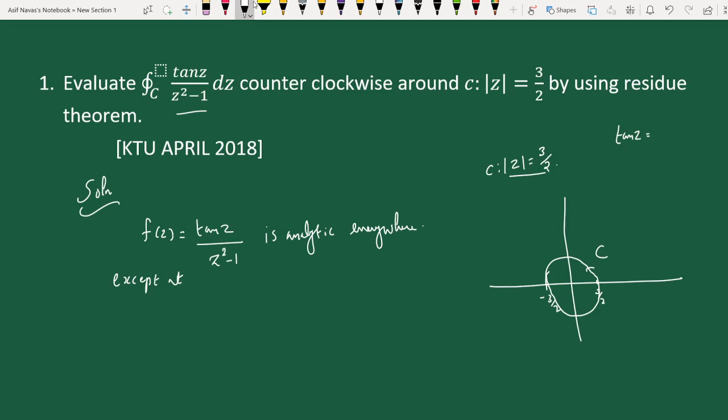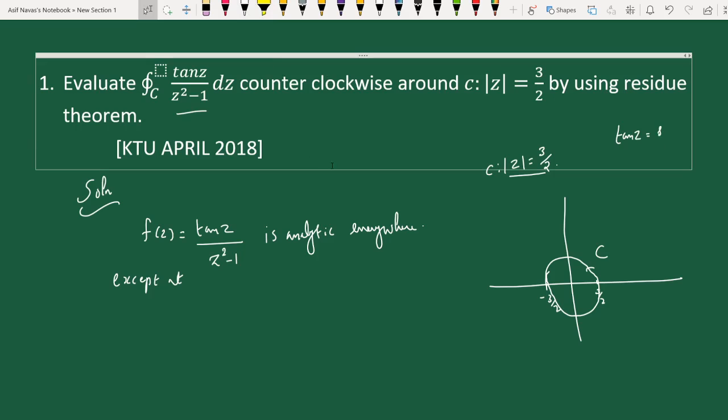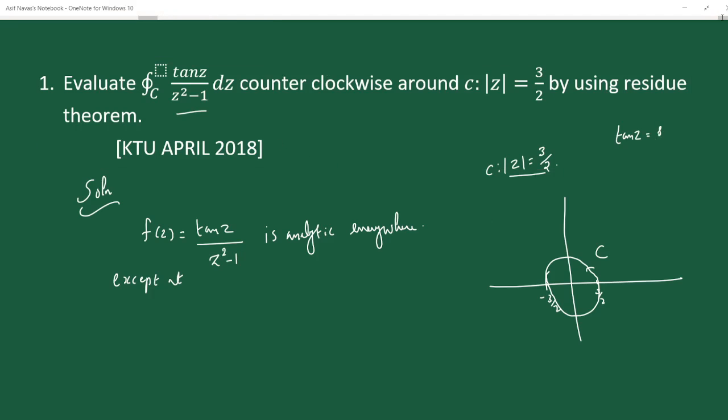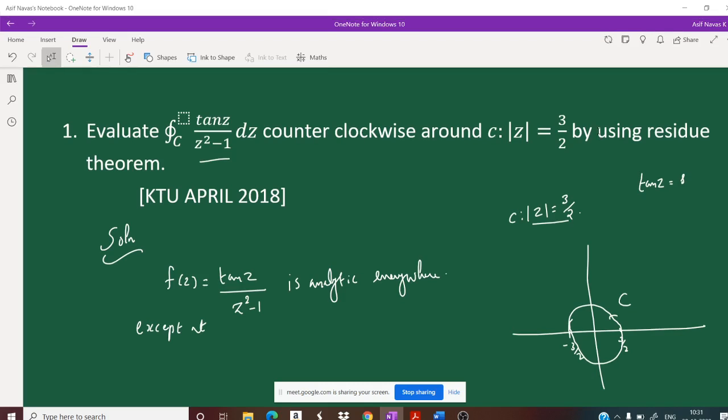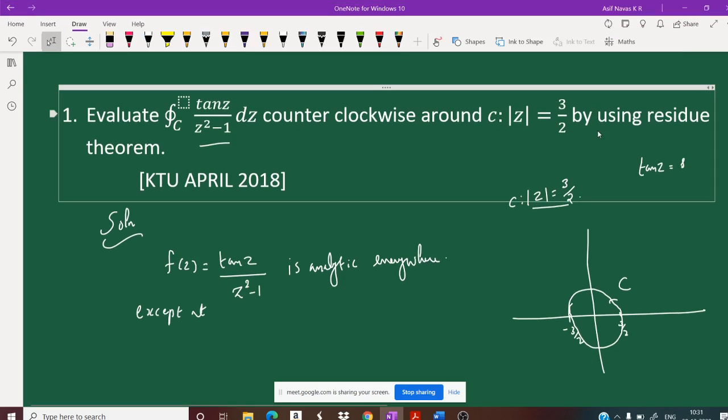Tan z is sine by cosine, sin z by cos z, right? So when does cos z become 0?